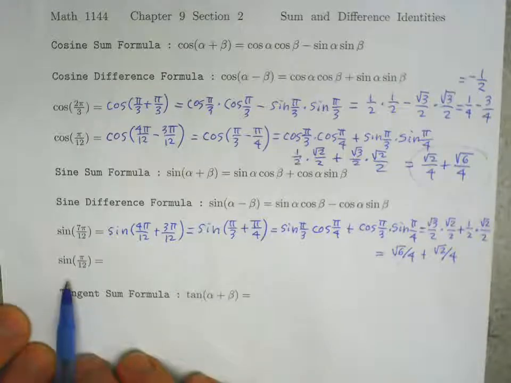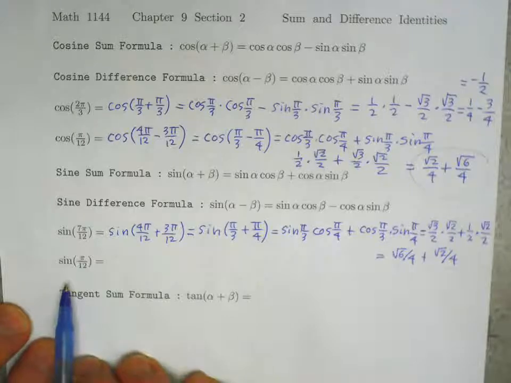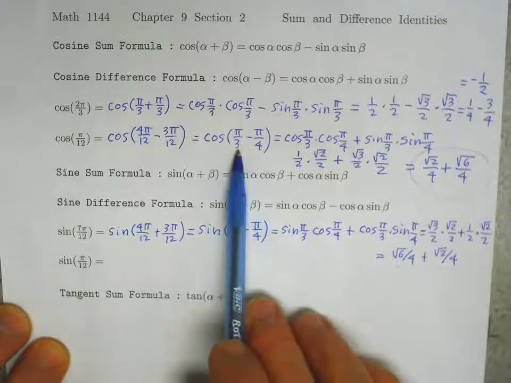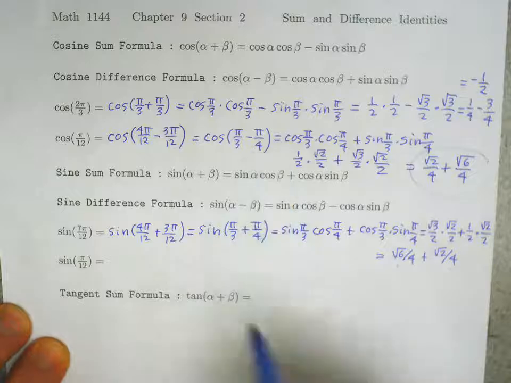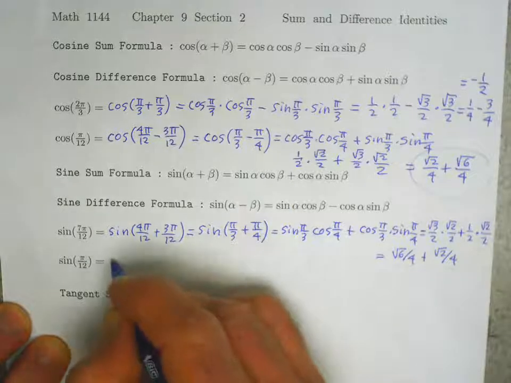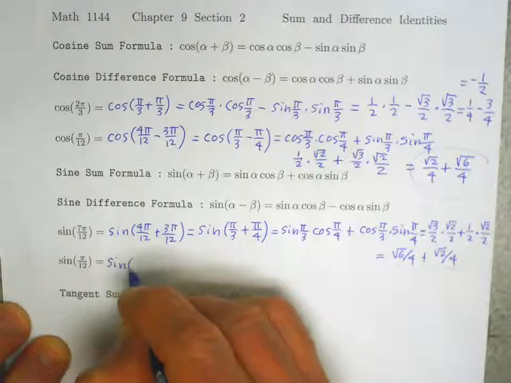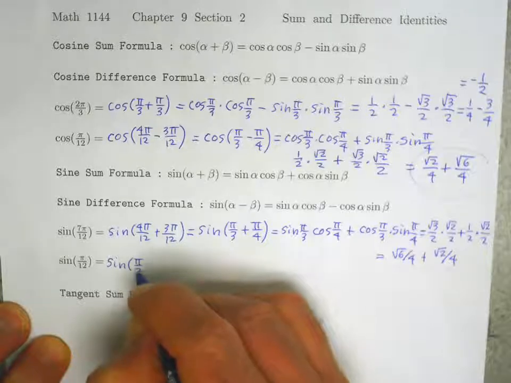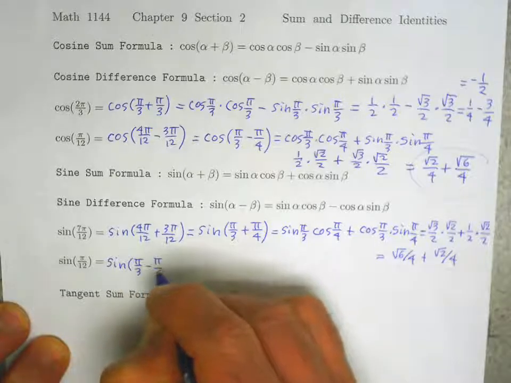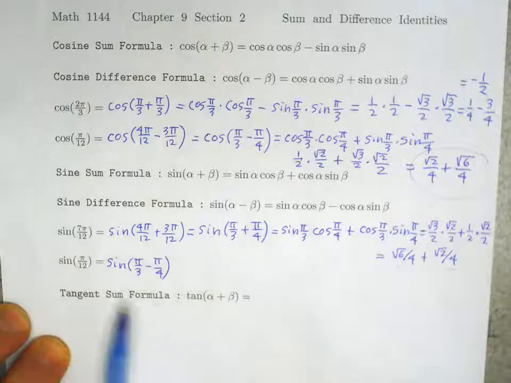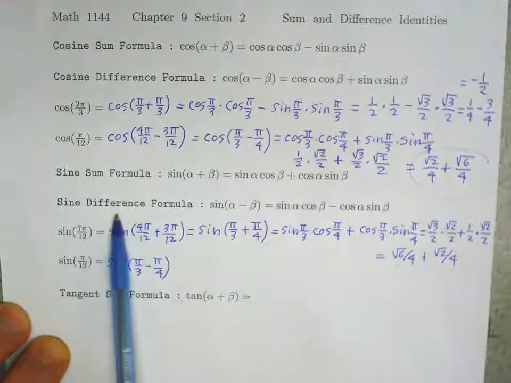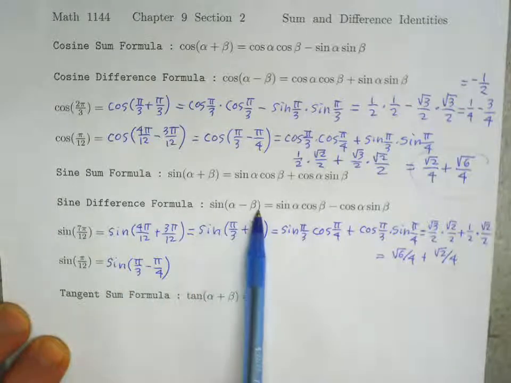Okay, on this one, sine of pi over 12. Well, we saw earlier that pi over 12 is just pi over 3 minus pi over 4. So I'll just rewrite this as sine of pi over 3 minus pi over 4. And this time we're going to use the sine difference formula, sine of alpha minus beta.